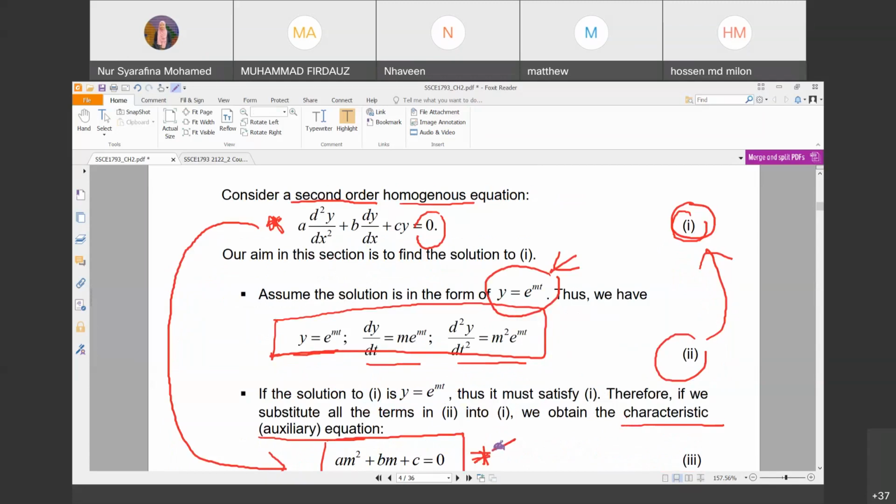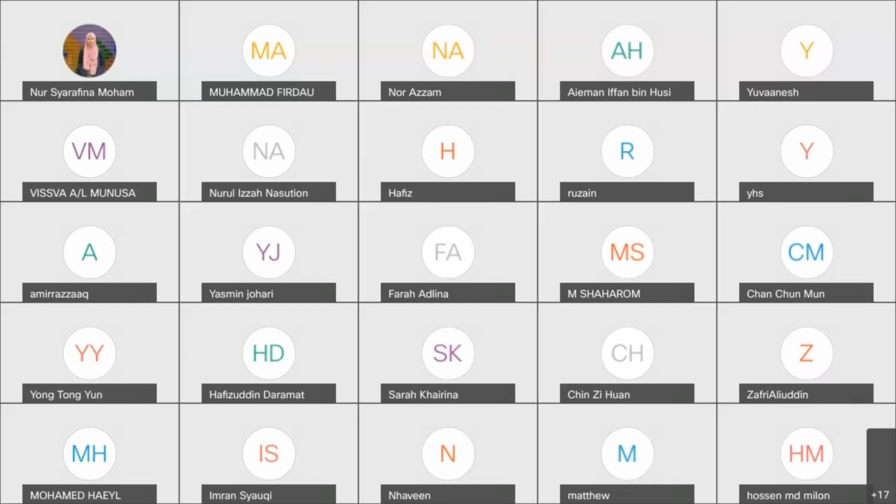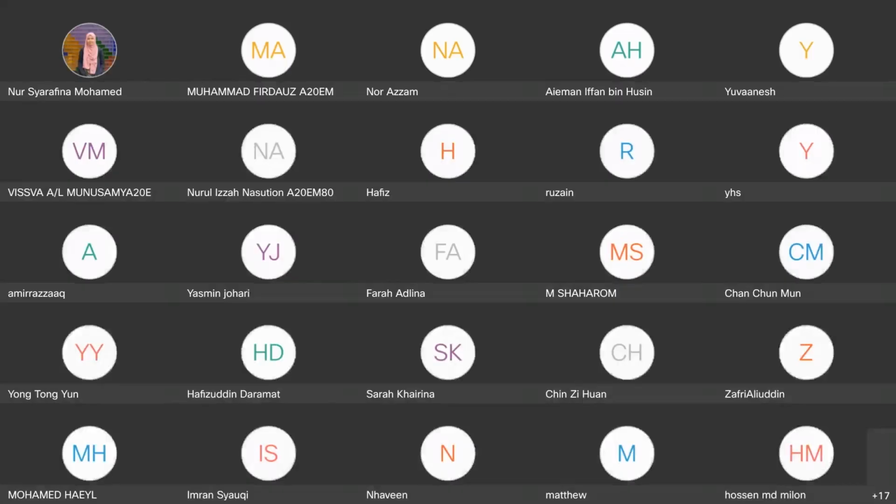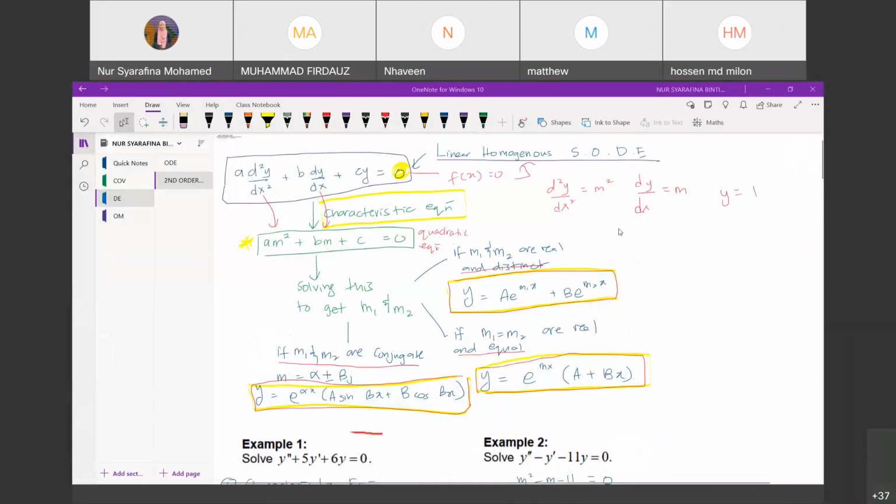So we use this assumption, we differentiate, we substitute and simplify to get this. This is where the characteristic equation comes from. So now from this second order differential equation, by using the characteristic equation, it becomes this quadratic equation.